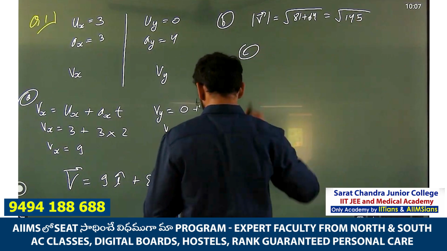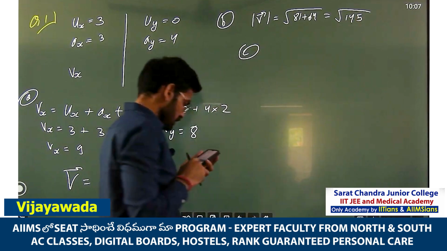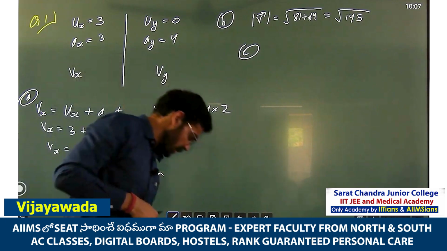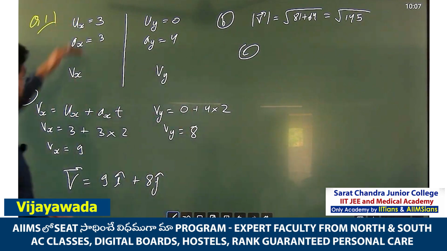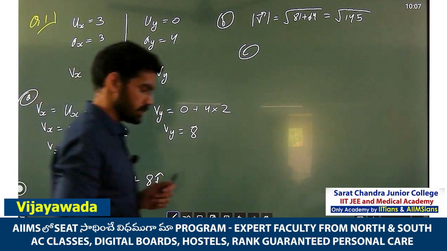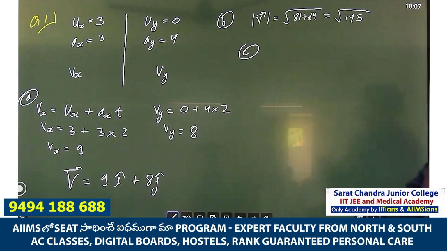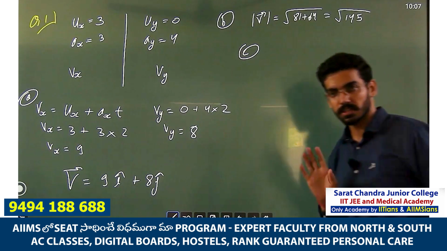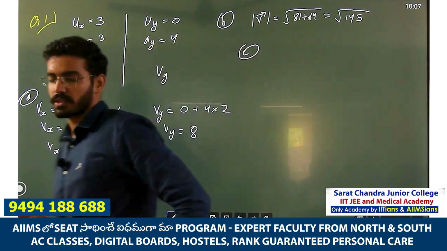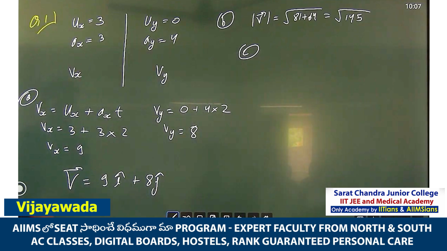C part. Position of particle at any point of time. In these given things, how can I find out the particle position? If t is given, let's say t only, then the position S equals ut plus half a t square. Acceleration is constant, so I can apply that equation.